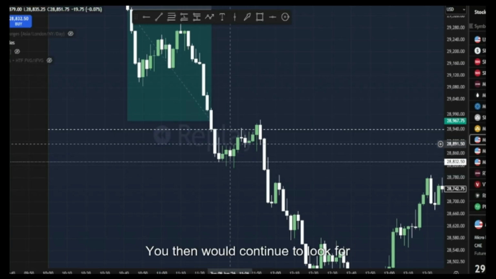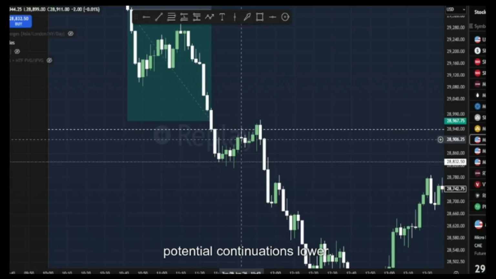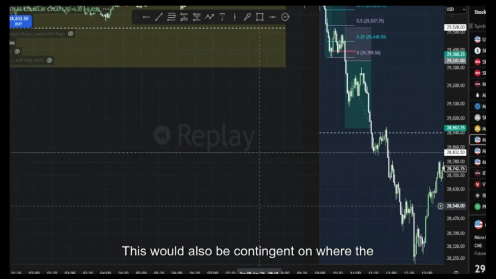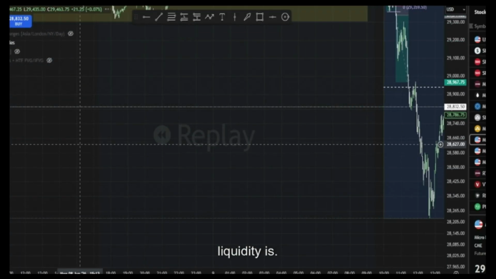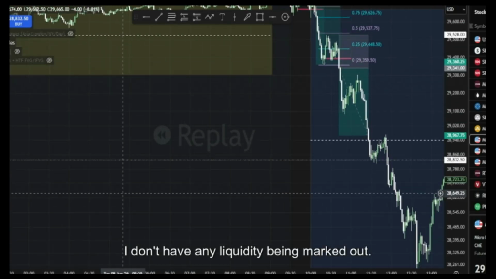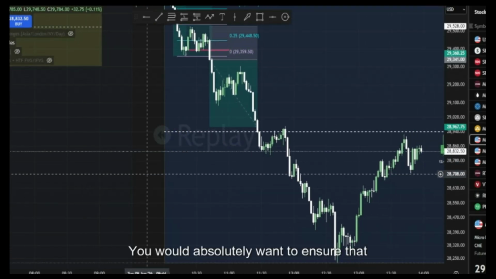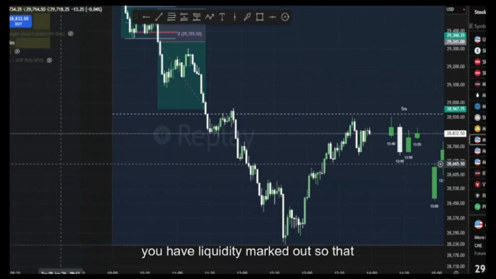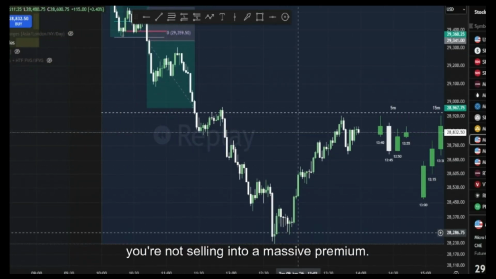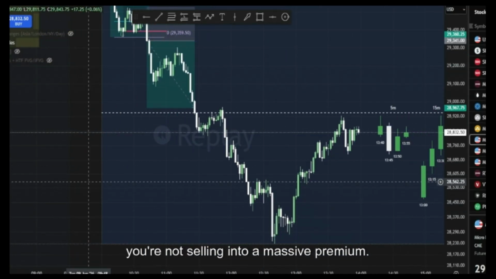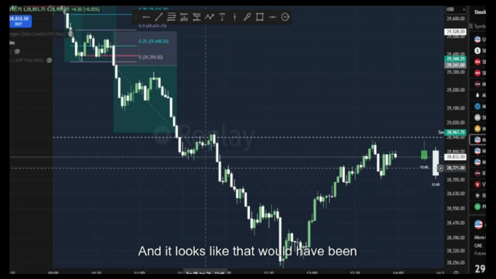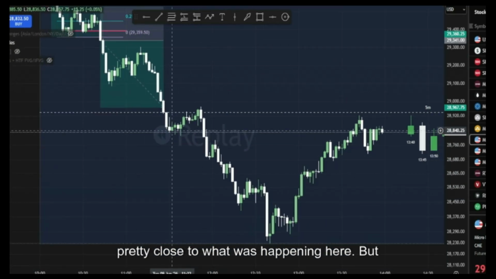You then would continue to look for potential continuations lower. This would also be contingent on where the liquidity is. I don't have any liquidity being marked out. You would absolutely want to ensure that you have liquidity marked out so that you're not selling into a massive premium. And it looks like that would have been pretty close to what was happening here.